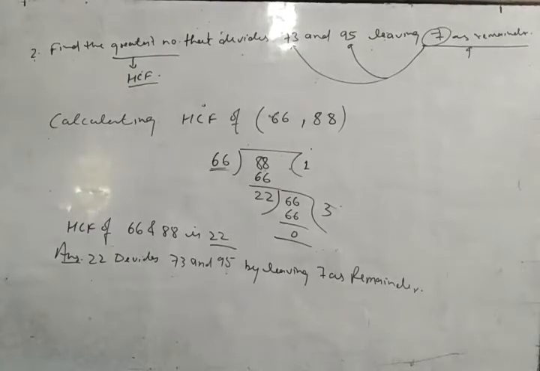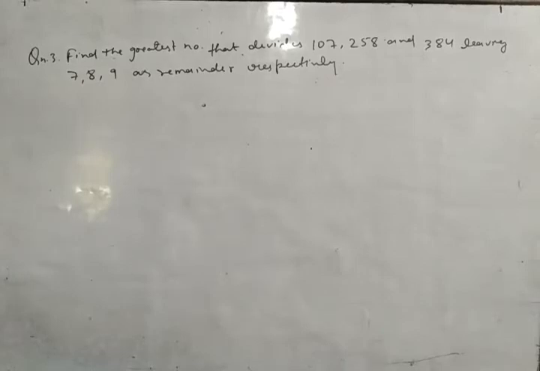Now we are going to take one more example of this question. Here is a question: find the greatest number that divides 107, 258 and 384 leaving 7, 8 and 9 as remainder respectively.